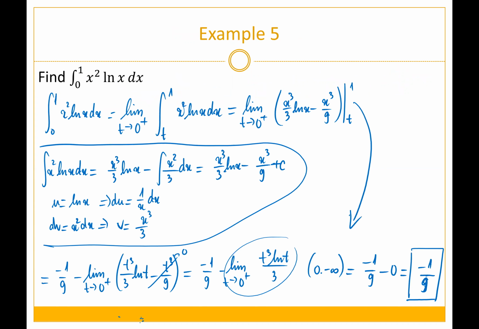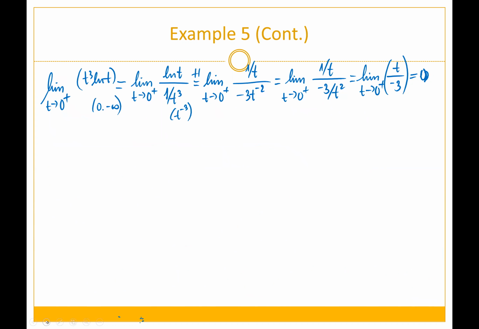Before I proceed to example 6, are there any questions so far? Okay, are you good with this example?